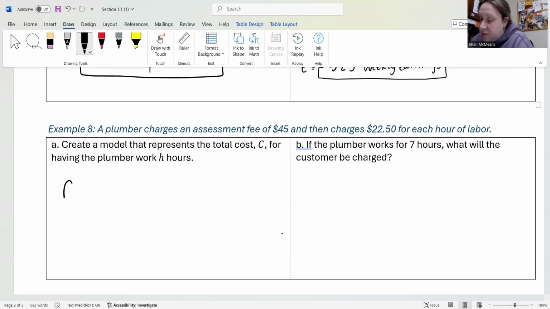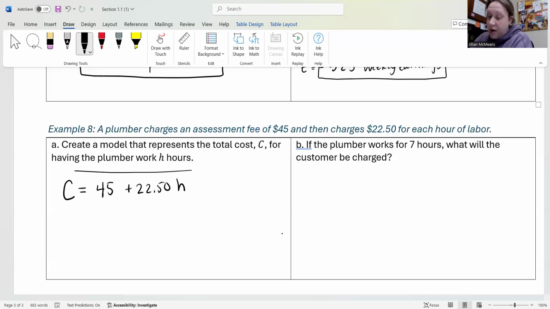So we know C is going to be the total cost to hire this plumber. And we know right out the gate that we're going to have to pay this plumber $45. In addition to that assessment fee of $45, we're then going to have to charge them $22.50 times every hour that they work. So $22.50 times H tells us the labor, and then the $45 is the assessment fee.